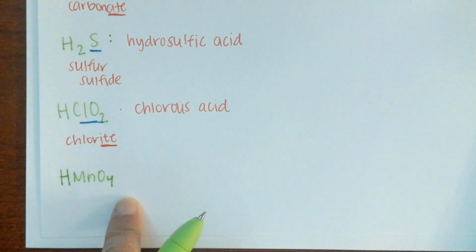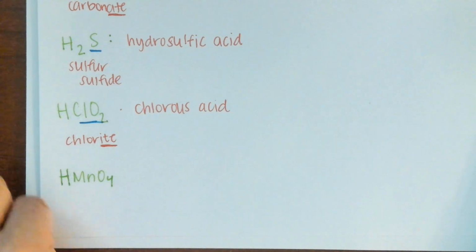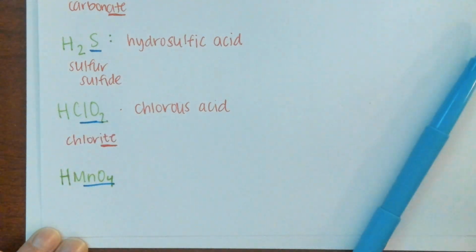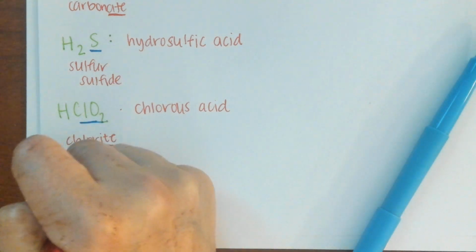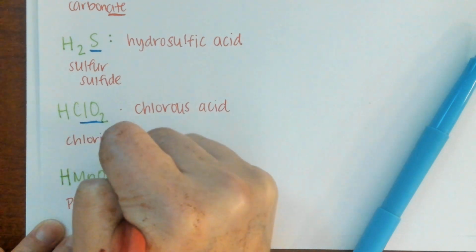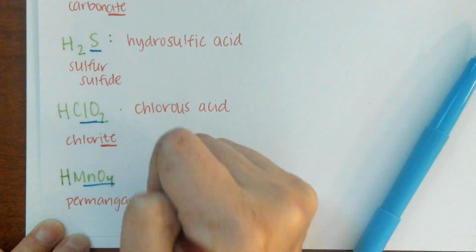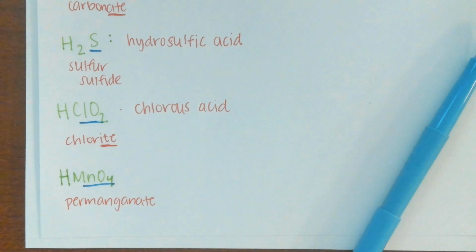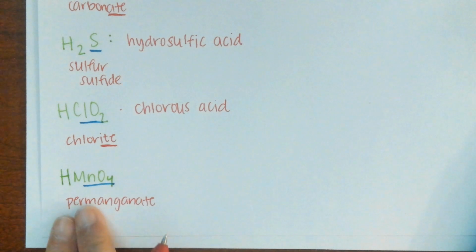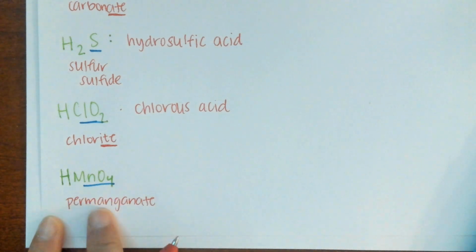So MnO4, this is from the special list, so we know there's no hydro. The name of this from the special list is permanganate. So this whole word, permanganate. Don't be tricked by the per at the beginning.